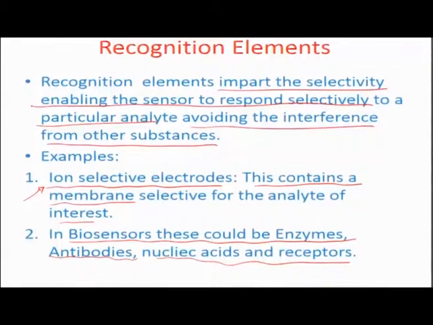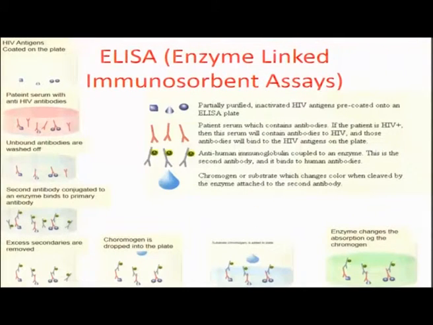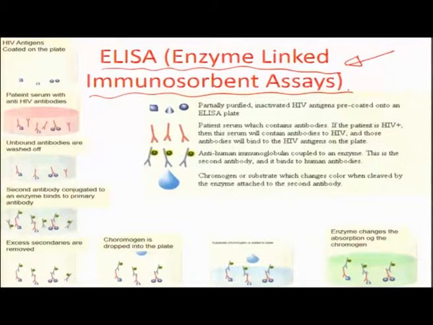Let us look at another aspect, which is how antibodies would formulate a change in the color signal. Let me give you an example of this kind. This is a very famous technique of sensing available to the clinical diagnostics world, known as ELISA. It is called enzyme linked immunosorbent assay, and this ELISA testing is very well used in the detection of HIV antigens.